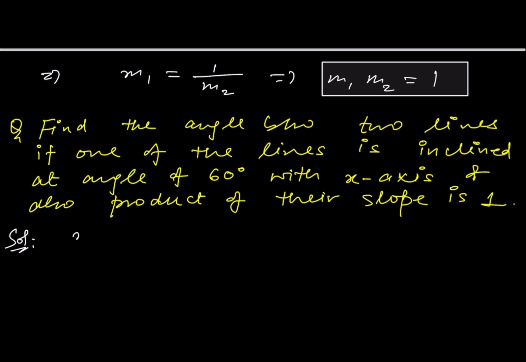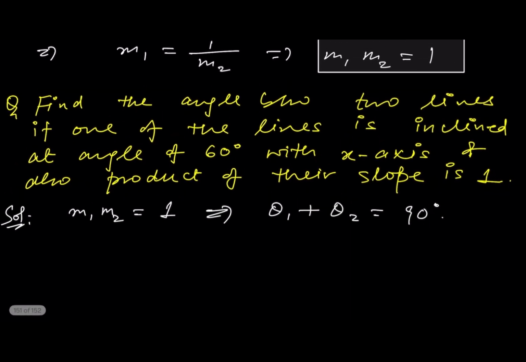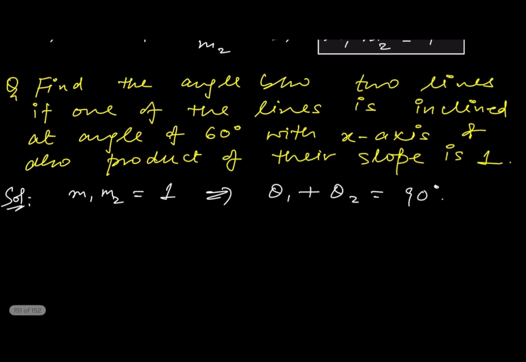so we can directly write m1 m2 is equal to 1, which implies theta 1 plus theta 2 is equal to 90 degrees. Okay, but for the angle between two lines we need m1 and m2, right?